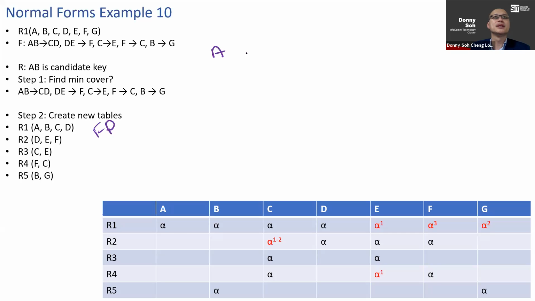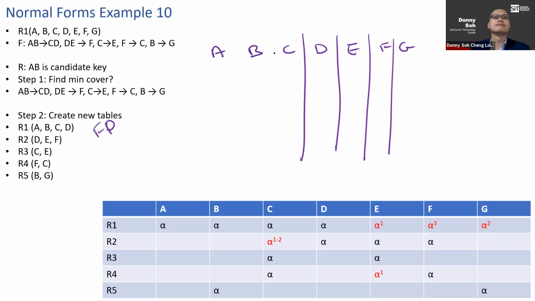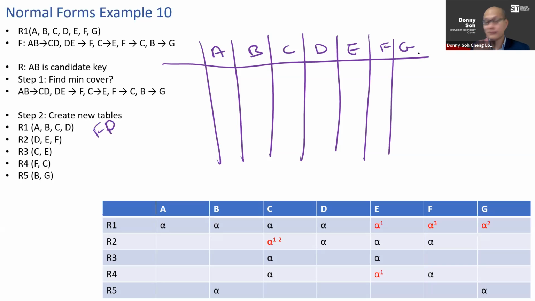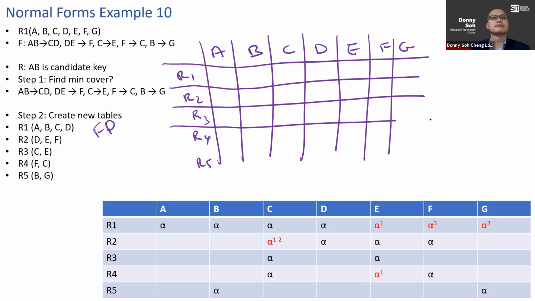So A, B, C, D, E, F, G, and R1, R2, R3, R4, R5. So I have AB, CD, DEF, CE, FC, and BG.